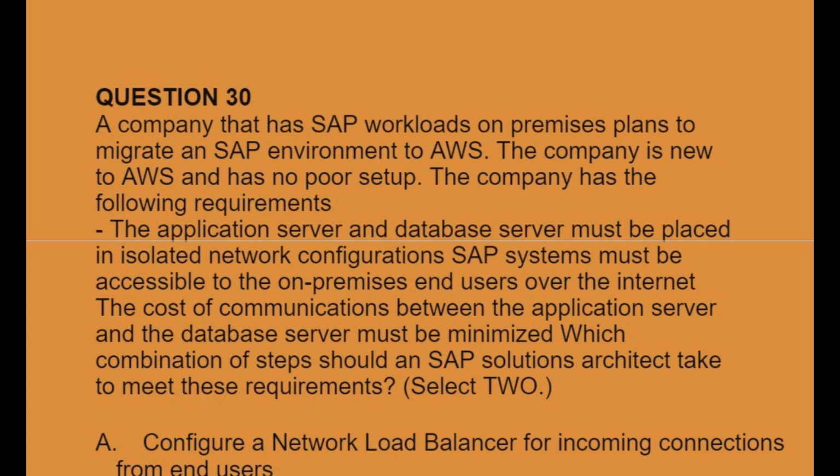SAP systems must be accessible to the on-premises end users over the Internet. The cost of communications between the application server and the database server must be minimized. Which combination of steps should an SAP solutions architect take to meet these requirements? Select two options.